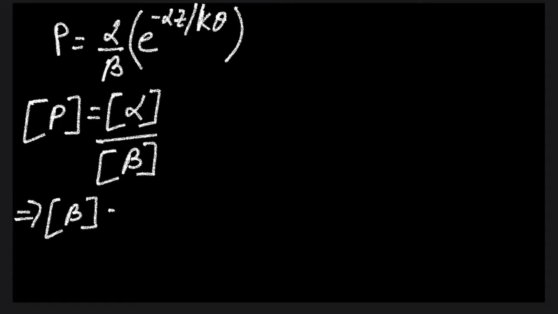If you have studied the chapter of dimensions thoroughly, you will understand this: e to the power of something is a dimensionless quantity. So I can say the dimension of pressure is equal to the dimension of alpha by the dimension of beta, simply because e to the power of something is dimensionless. So the dimension of beta will be the dimension of alpha by the dimension of pressure.